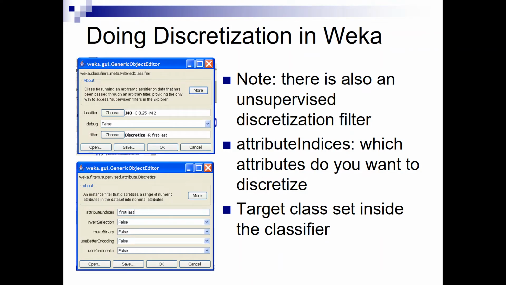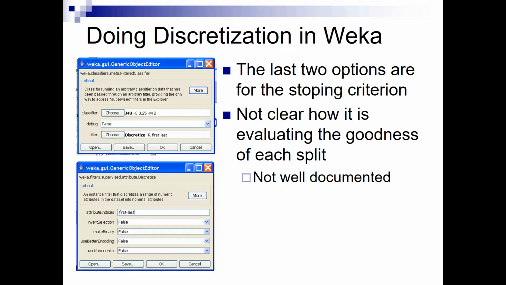You would then choose this discretization filter, and then you see below it the widget for the discretization filter, and basically what you need to do is tell it which of your attributes it should discretize, and then it will do that, and then you can use them in your model.